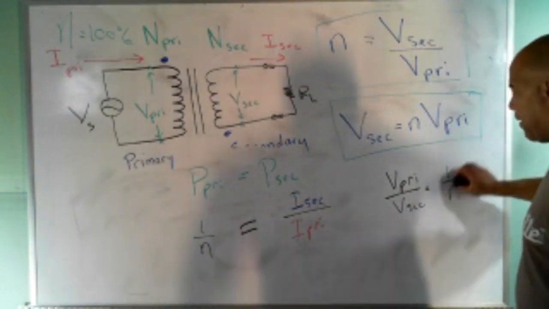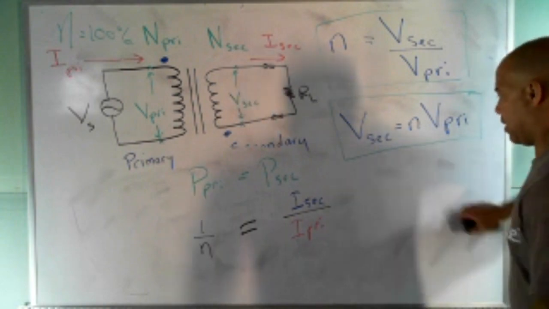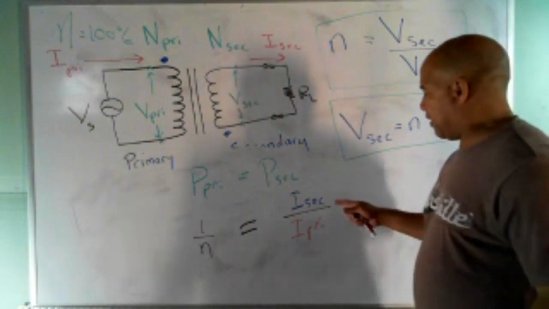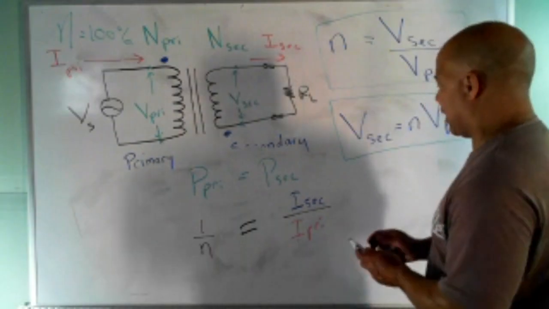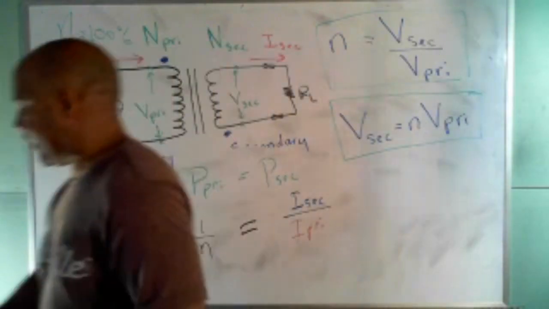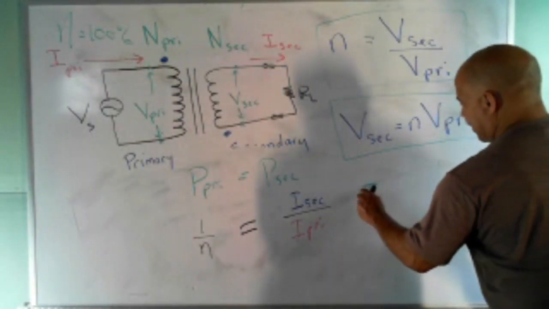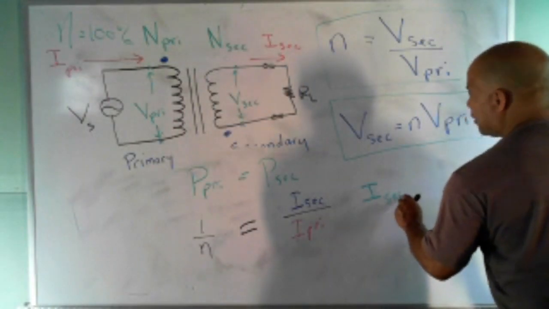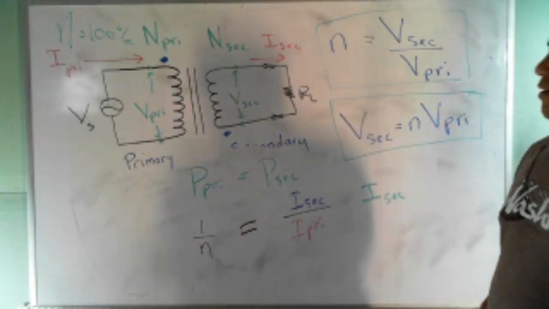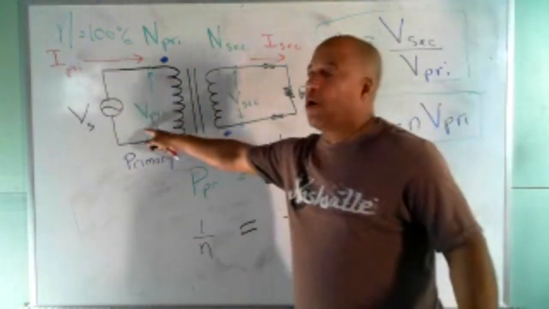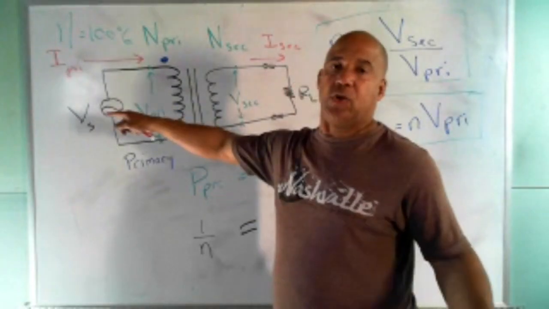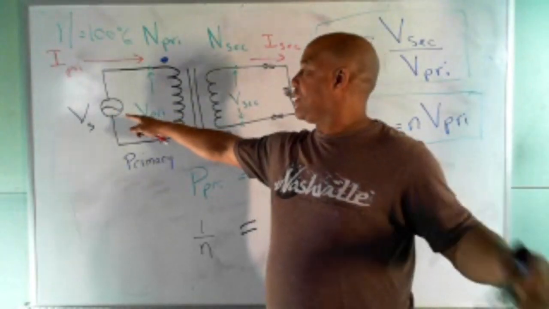So then if I solve this for I sec, look at what I get. See, usually we always want things in terms of the secondary, because we usually know the primary. I'm plugging that into a power source. For us, most of the time it's going to be 120 volts.